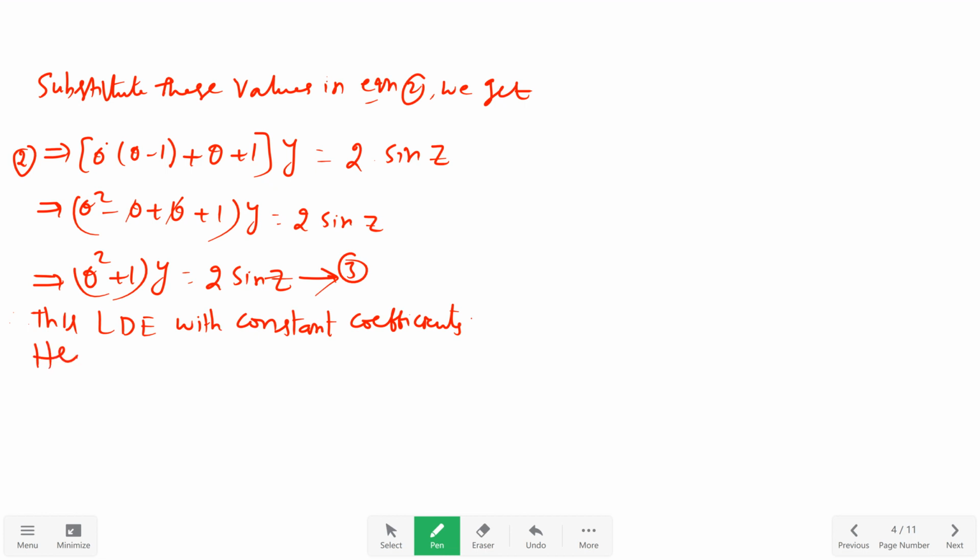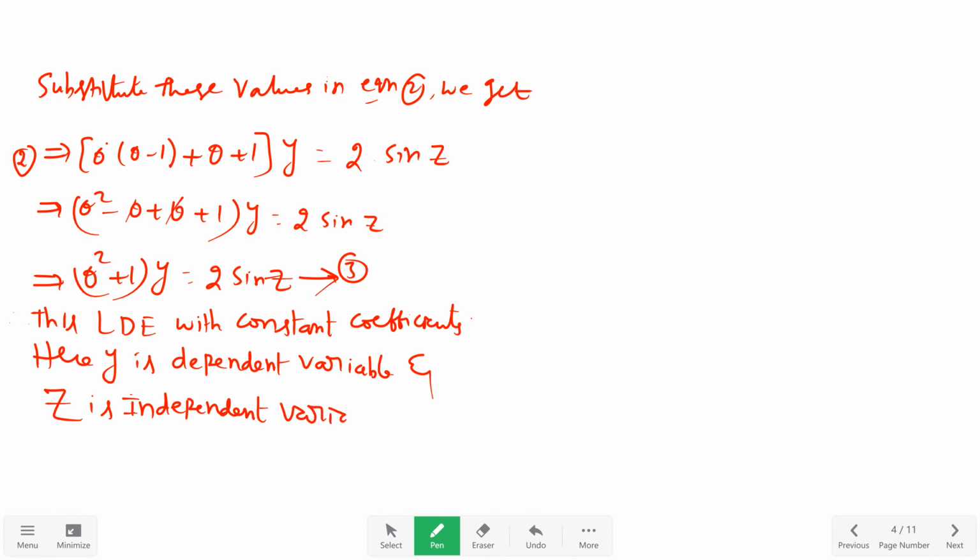Here y is the dependent variable and z is the independent variable. Now we can solve equation 3 by finding the complementary function and particular integral.